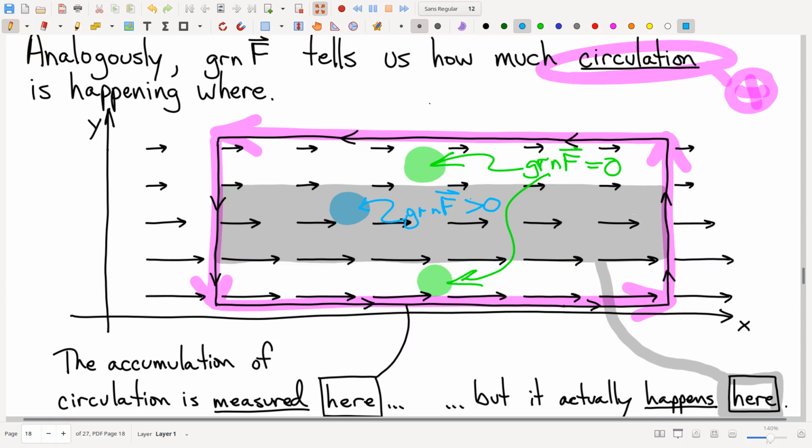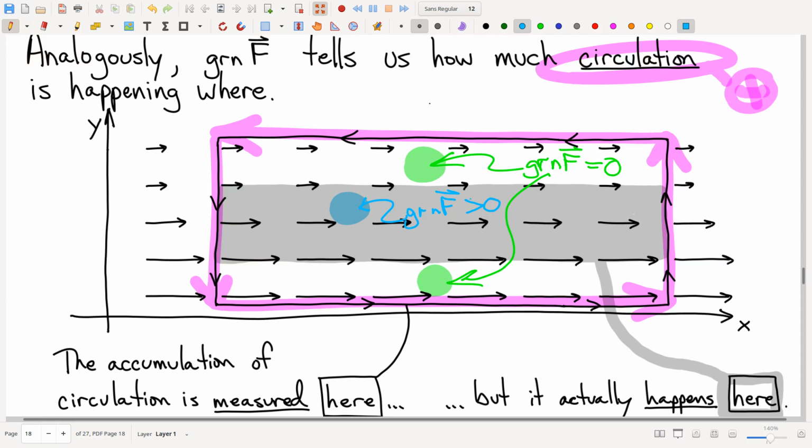Where is that circulation happening? It's happening in the interior, and Green's operator tells me where and how much. In this gray area where Green's operator is positive, that's where the circulation that we're measuring on the boundary is coming from. It's got nothing to do with what's happening up here where Green's operator is 0, or down here where Green's operator is 0.